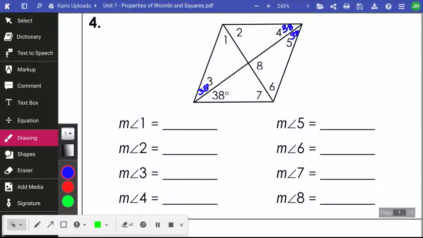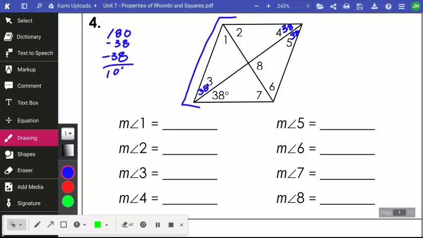Okay, very, very helpful. What we also know is that consecutive angles, these 2 entire angles, add to 180. So if I subtract both of those 38s away, I get 104.